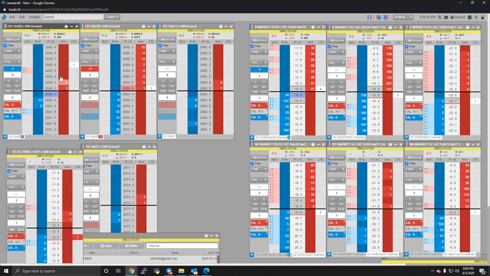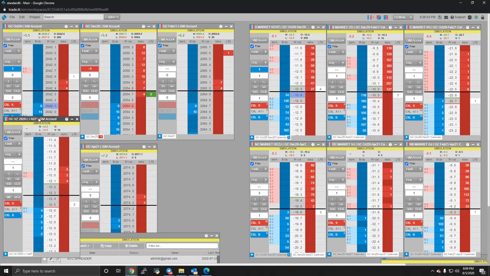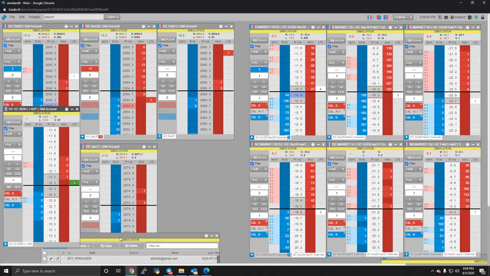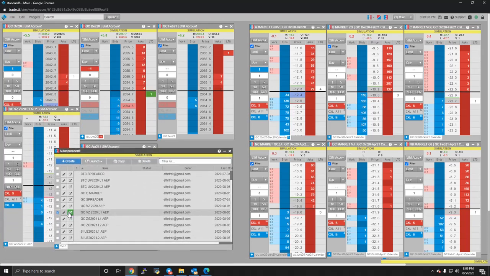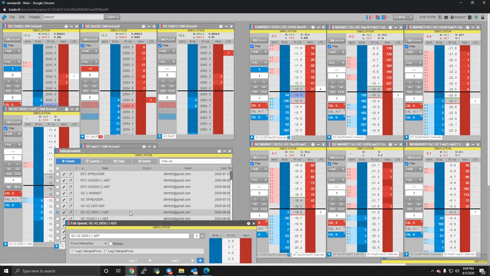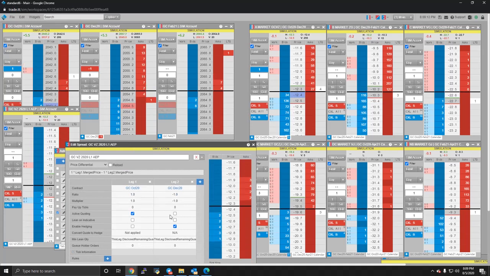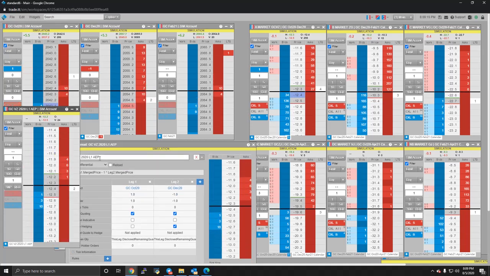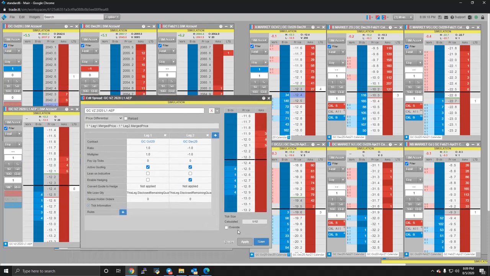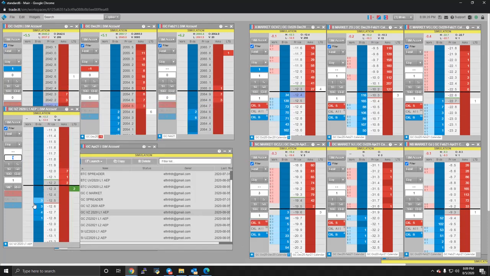Now you see I'm working bids and offers in the October outright, and I'm leaning against the A market spread here, which is the VZ, and I can extend my market making into the December contract, and I'm going to cancel these first before I can see that, but I can extend my market making into December.